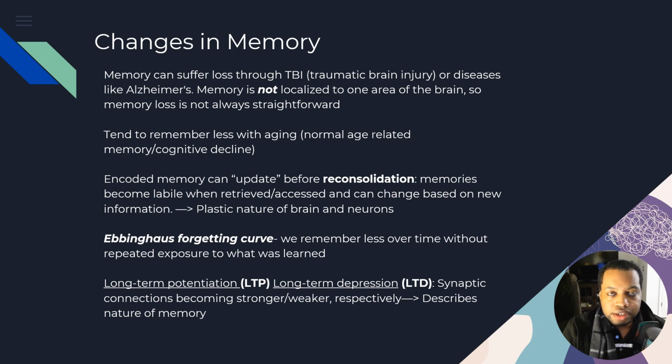So in accordance to this kind of changing of neural connectivity, we might think of long-term potentiation and long-term depression. And the depression aspect here does not relate to a disorder of mood. It is just sort of a descriptor. So it's that these synaptic connections are becoming stronger or weaker, respectively.